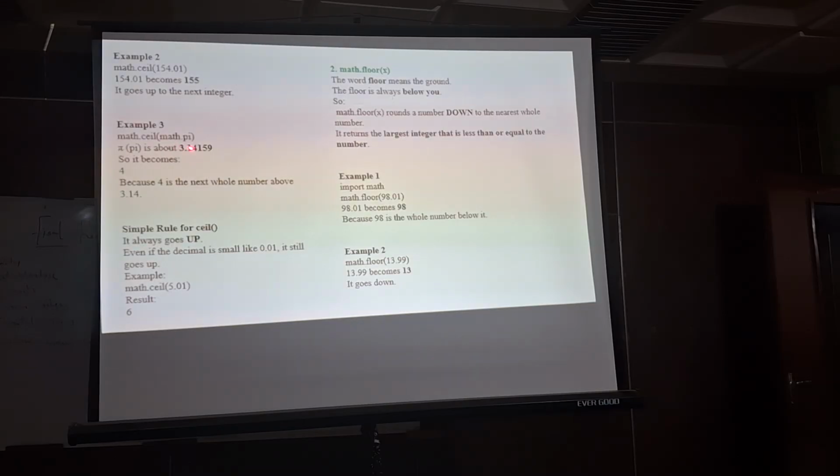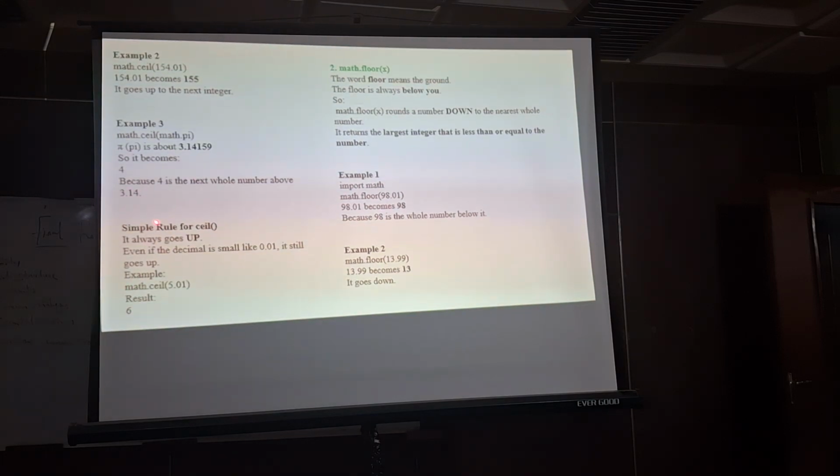So what are you going to do now? Math.ceiling, open bracket, math.pi. If you say math.pi, it will bring what? 3.14159. The math.ceiling of this pi is going to be what? 4. Let me do it and see.